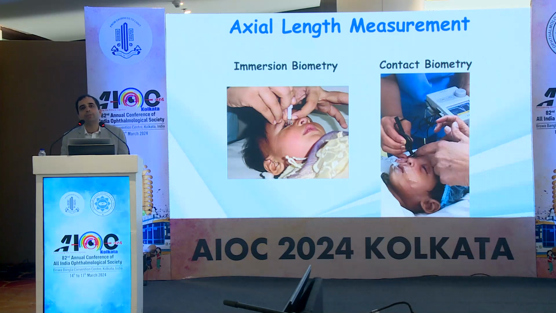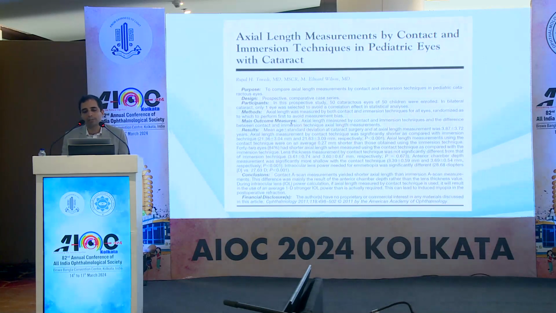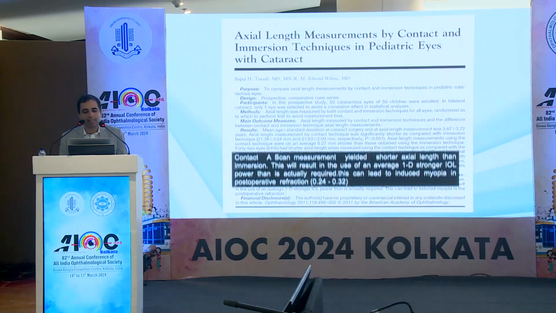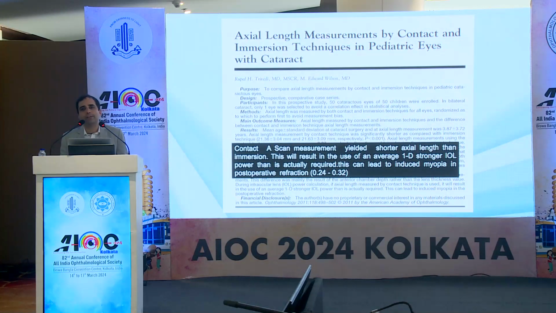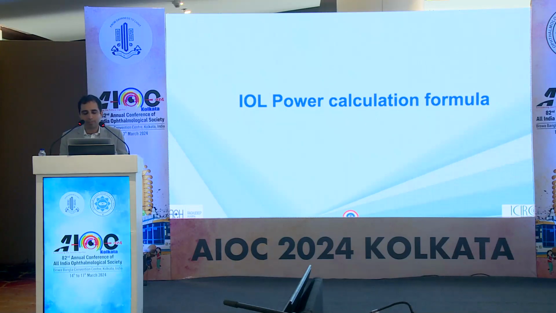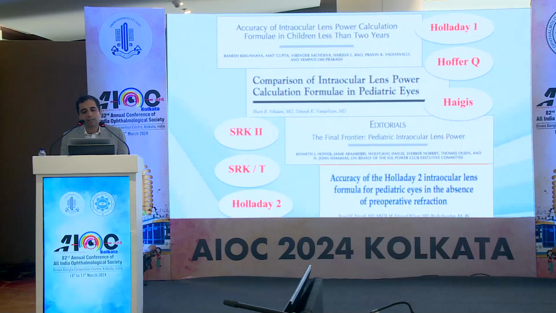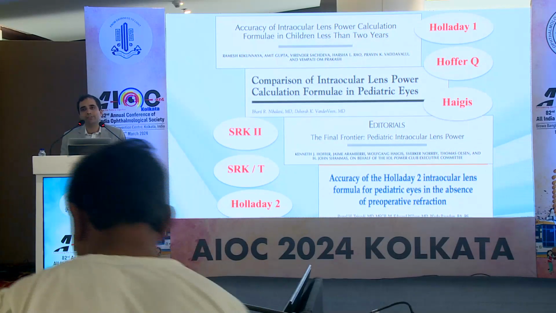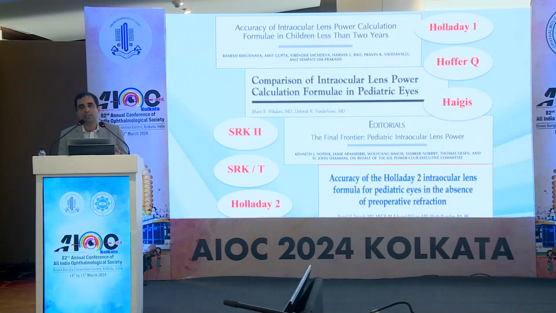But if possible, we must try and get an immersion axial length rather than a contact, because contact even in pediatric eyes has been shown to be significantly less accurate than the immersion biometry.